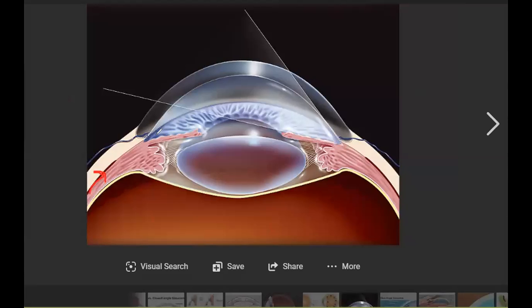Let's take this picture. This is a very good picture now. You see, this is the ciliary body, and this is the iris, and this is the cornea.